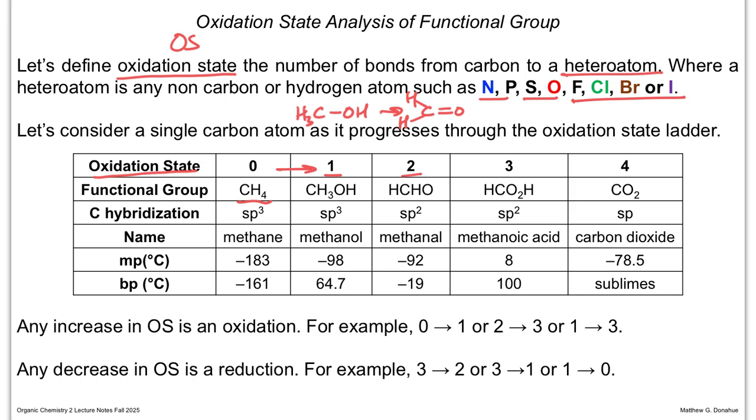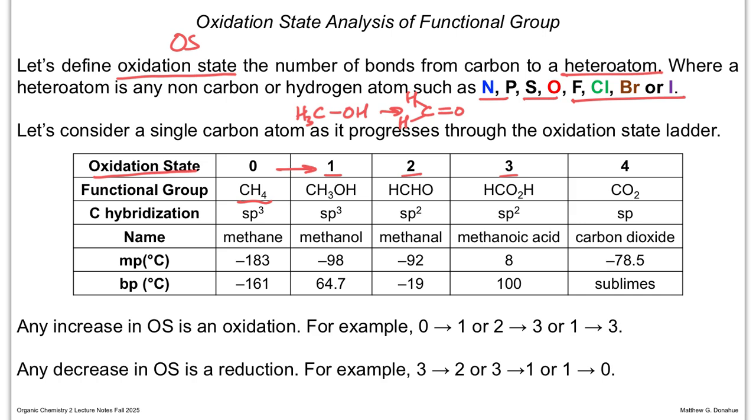And the hybridization had to change because we have a sigma bond and a pi bond from carbon to oxygen. We can further oxidize that carbon up to 3 with retaining the hybridization of sp2. Now that makes a carboxylic acid. So that's called methanoic acid.